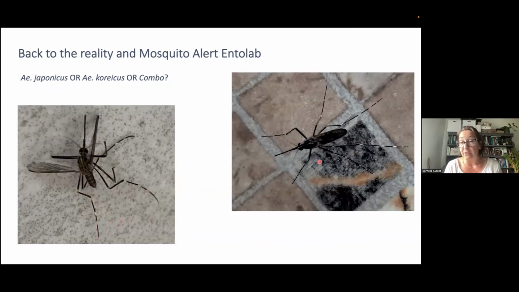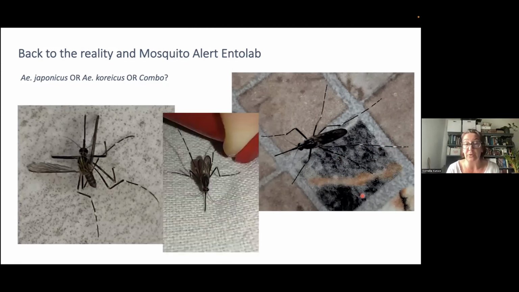Or in this picture, we can see that there are more white rings, although the thorax pattern is not the best, but we can say that it's a Koreicus. And here is an example of a combo picture, where we are not sure whether the whole leg is visible or not. So that's the tricky part.